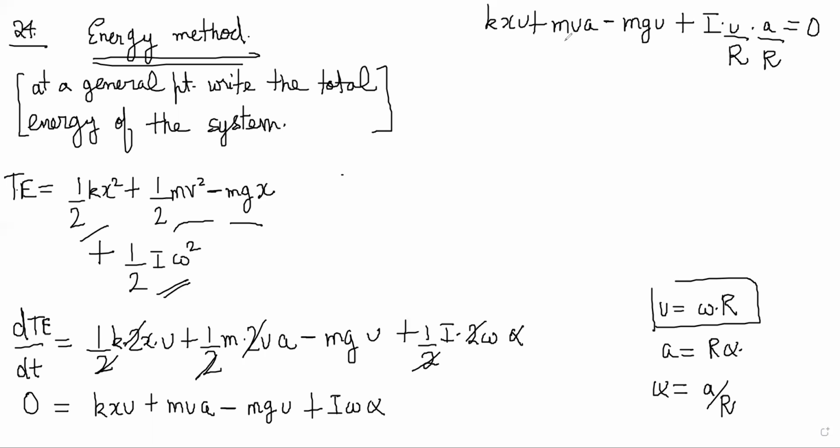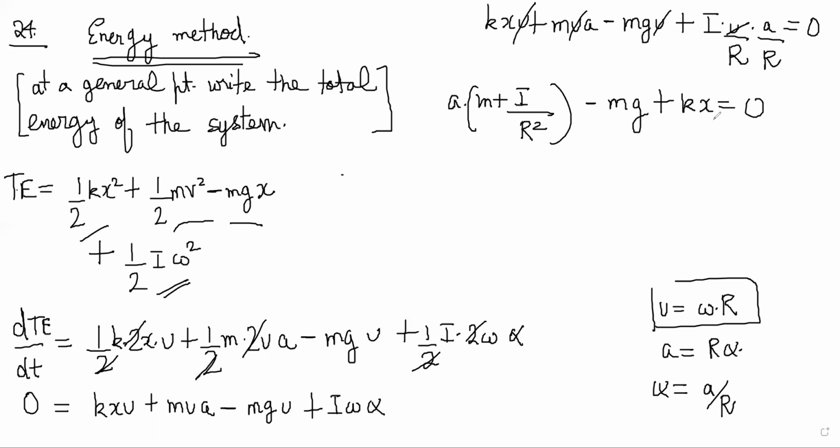So collect all the A terms. Notice that V will get cancelled from every term. So you have A times m plus I by R square, minus mg plus kx, is equal to 0.